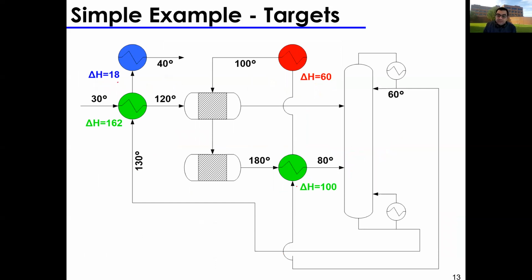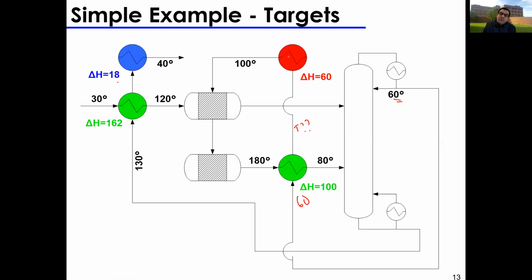And on this side, I did the same thing. So the stream which had to be cooled from 180 to 80, I linked it up with the stream which had to be heated from 60 to 100, right? So this guy starts at 60 here, enters this guy at 60 here. It leaves at some temperature, but this allows the stream to cool from 180 to 80.